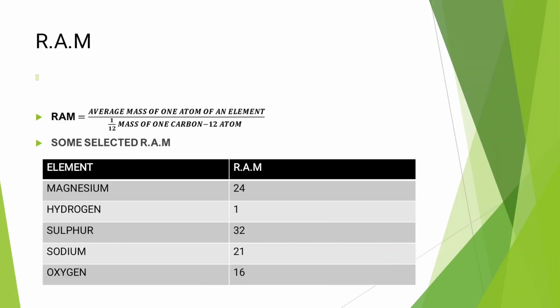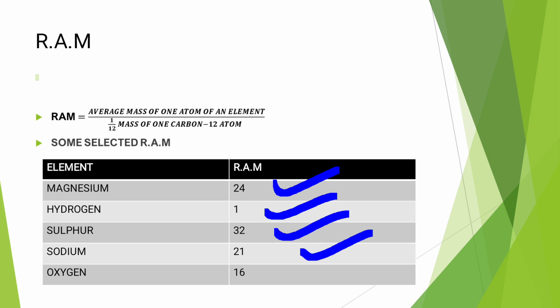For our level, we work with already pre-calculated relative atomic masses, which are given as follows. For example, these are just selected as examples. Here we have magnesium, the relative atomic mass is 24, that of hydrogen is 1, that of sulfur is 32, that of sodium is 23 and that of oxygen is 16.